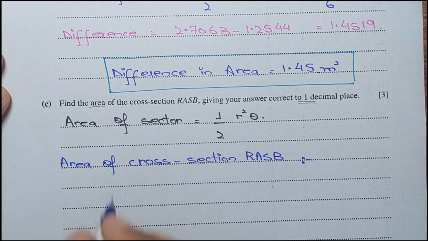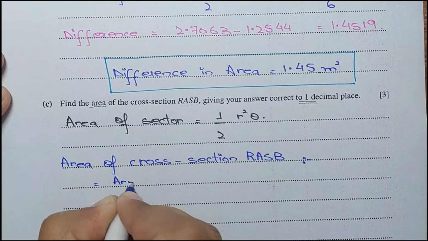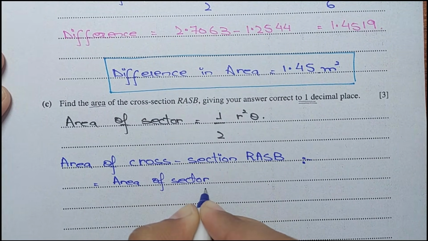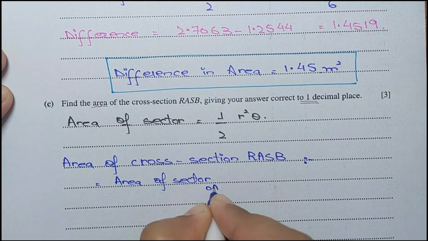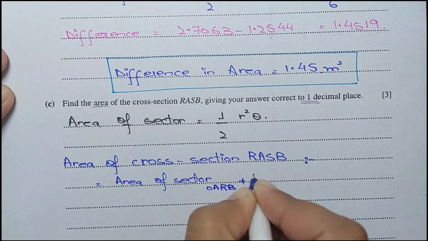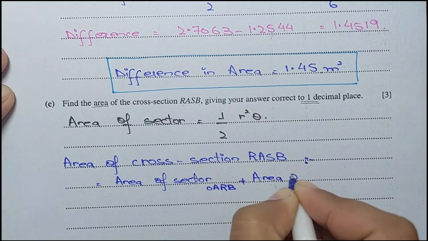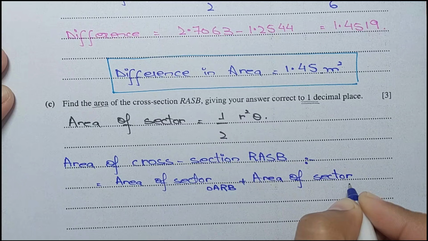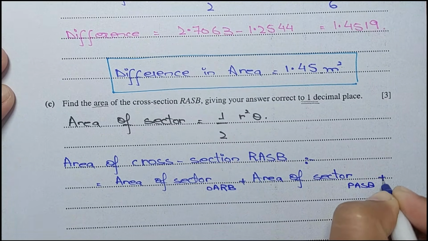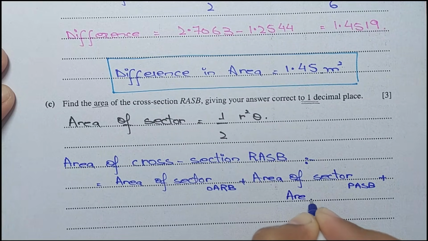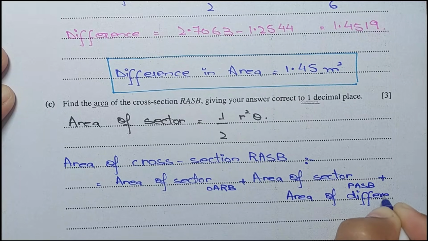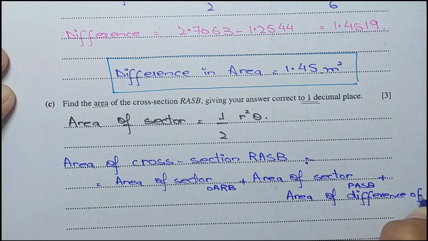So the area of the cross section RASB is the area of sector OARB plus the area of sector PASB plus the area of the difference of triangles.